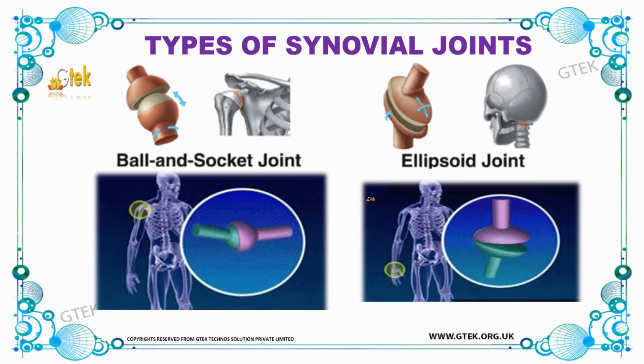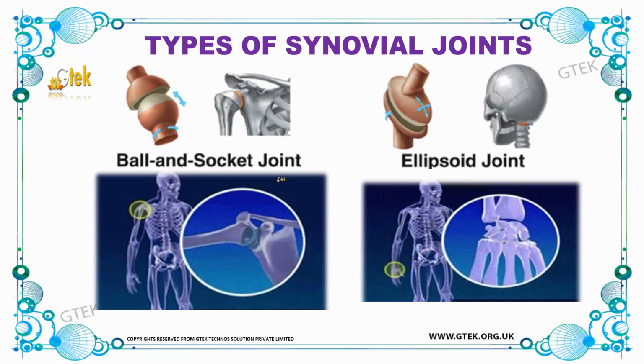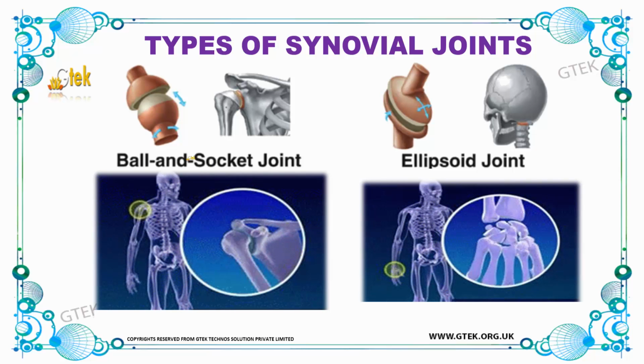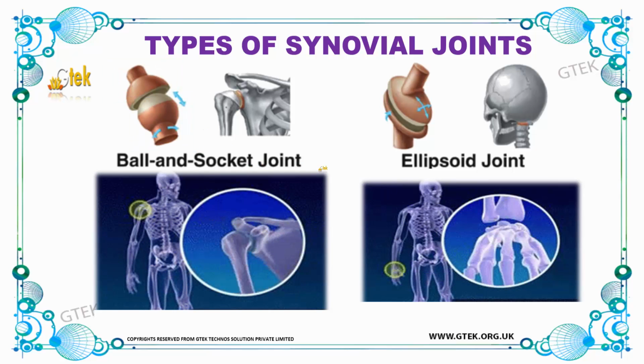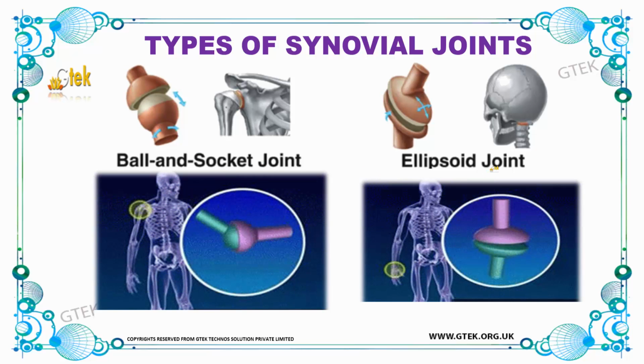Our next type of synovial joint is the ball and socket joint, which has a ball and a socket. So that gives the name ball and socket joint. And next we have our ellipsoid joint.